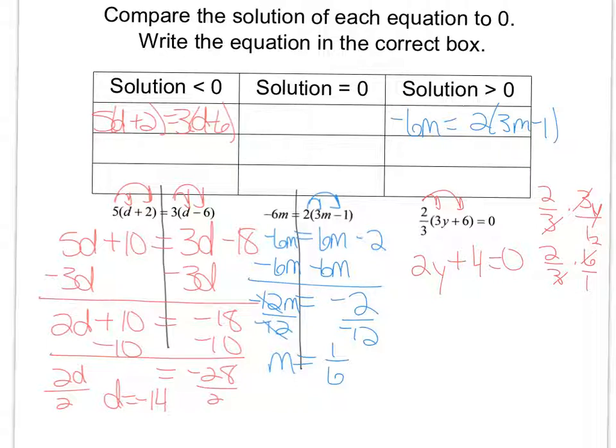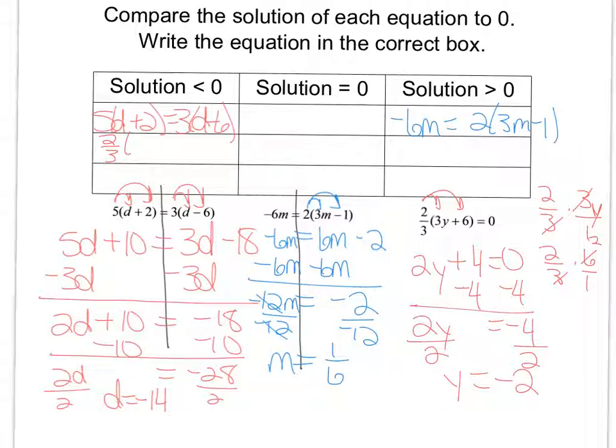Now this is just a two-step equation that I don't have any problems with. 2y equals negative 4. Divide both sides by 2, and y is negative 2. That's a negative answer. So this one is less than 0. So I put it up here.